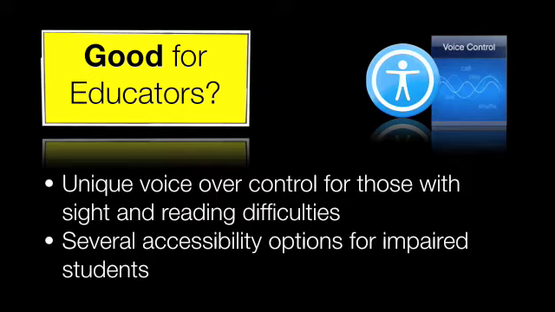There's also the other accessibility options as well, like the black on white, the voiceover, the voice control, those sorts of things that you can't get anywhere else. And it's good to see Apple catering to more the special needs side of education as well with those features.